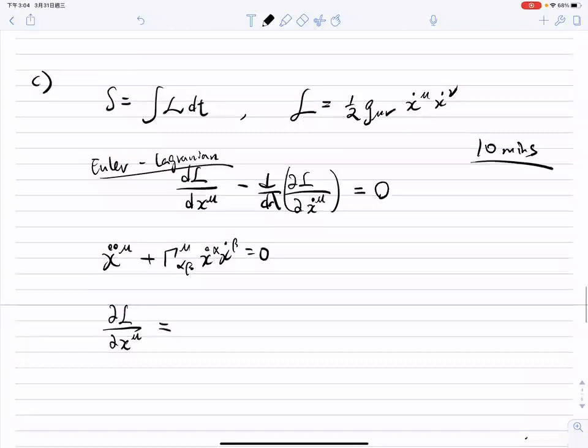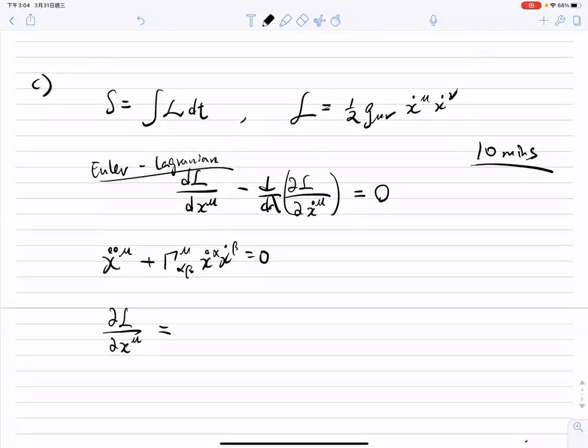I have to remind you of the metric components.